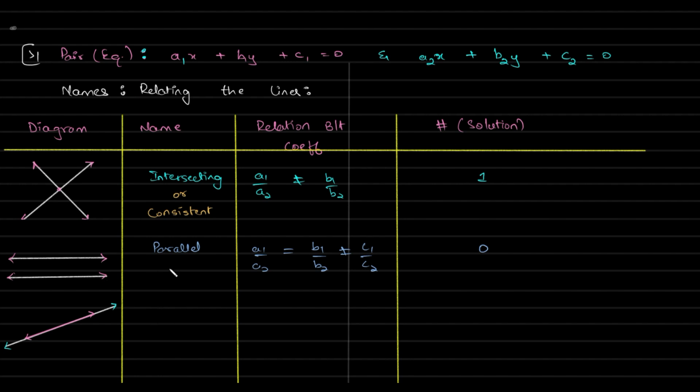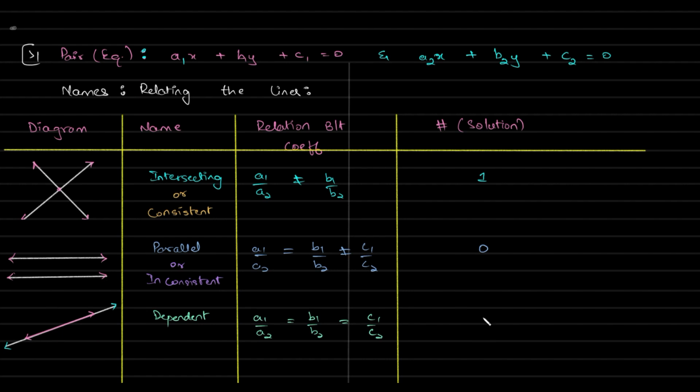Now we are looking at one more name for this, and this is inconsistent. Next we have dependent, right? a1 by a2 being equal to b1 by b2, which in turn is equal to c1 by c2. That's your relationship between these two lines.